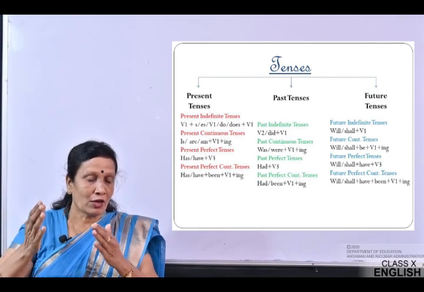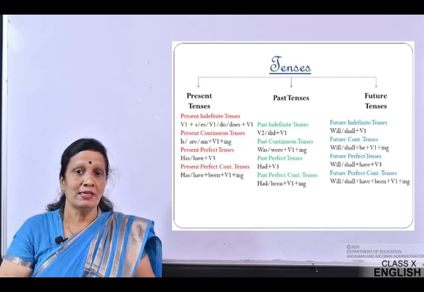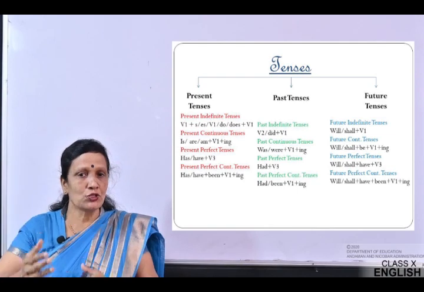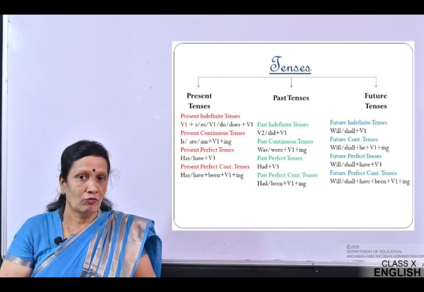That is according to the number, whether it is singular or plural. I'll be discussing that with you. And like do, does, or again the first form of the verb.